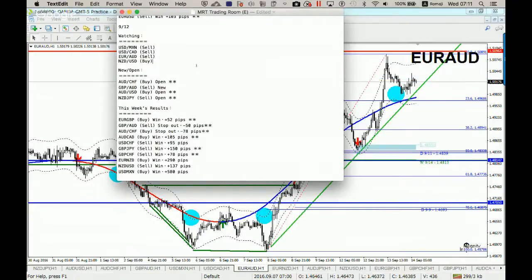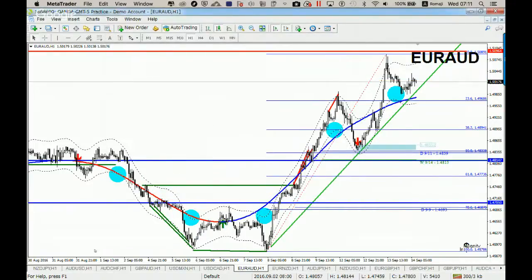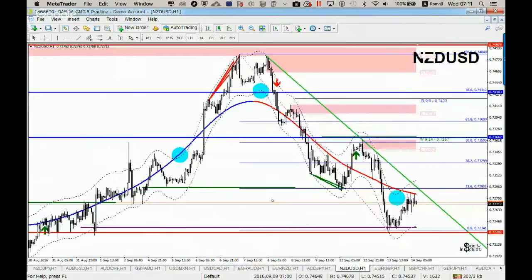New Z dollar buy. On this one, we'd drawn a trend line, redrew the trend line, and it's moved lower. It hit this monthly pivot. We have a new buy bubble here.